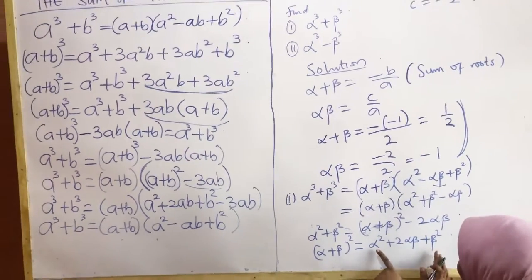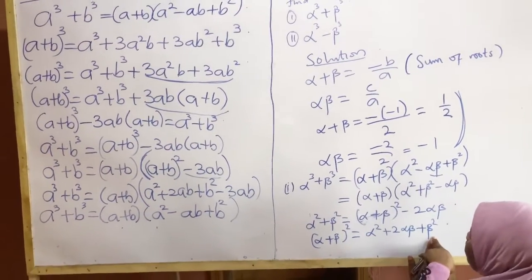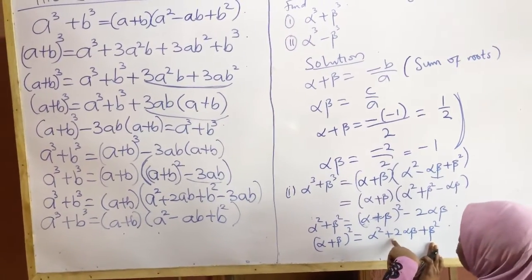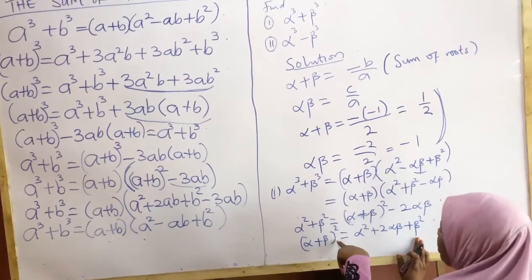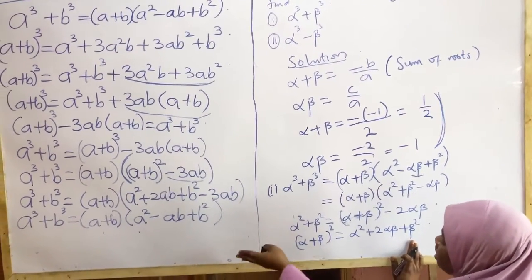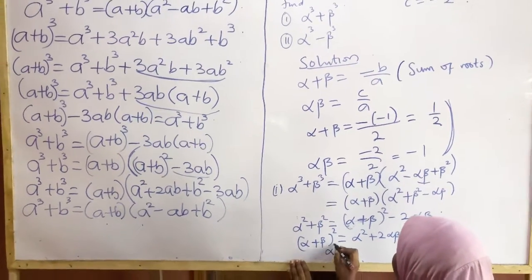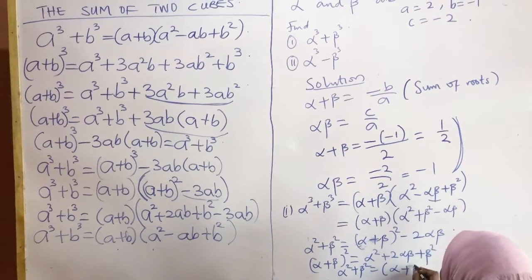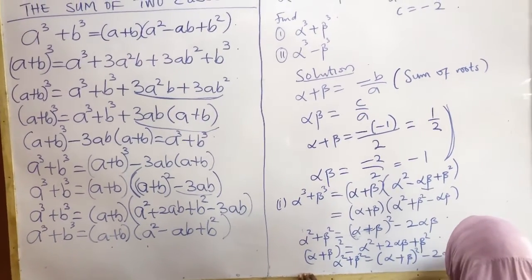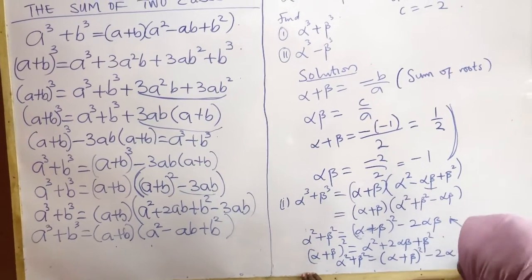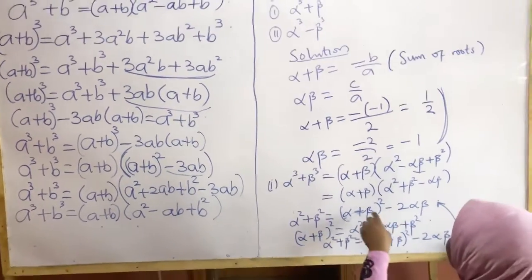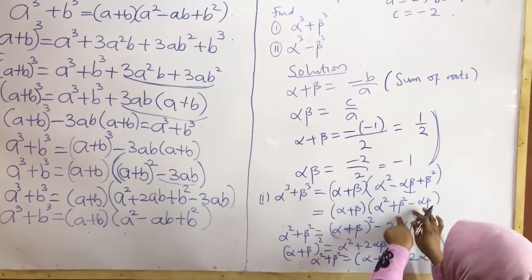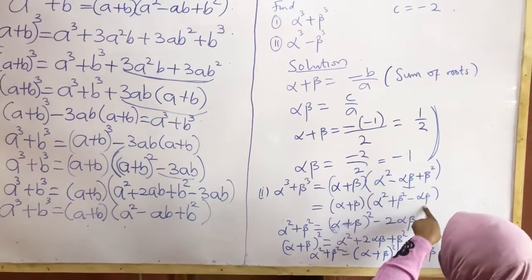Now if you take alpha squared plus beta squared together, you make them the subject of the formula. You subtract 2 alpha beta from the left hand side. So we have alpha squared plus beta squared is equal to alpha plus beta, everything squared, minus 2 alpha beta. So that is what I derived. After knowing this, you now substitute it inside this expression, alpha squared plus beta squared, then you complete it with minus alpha beta.